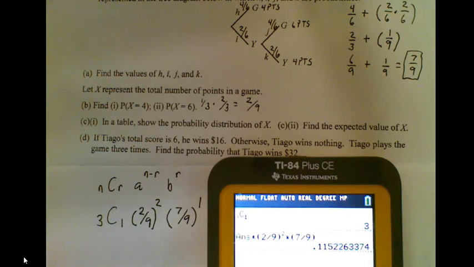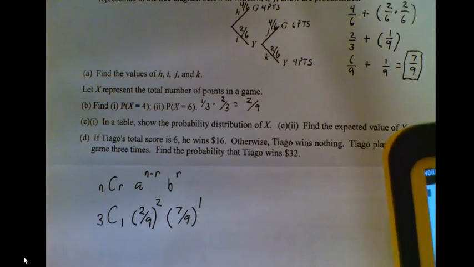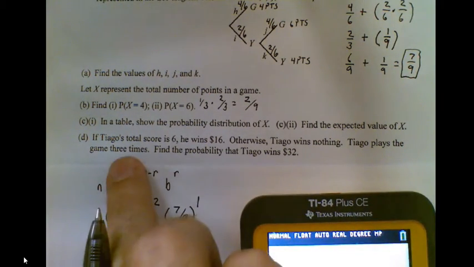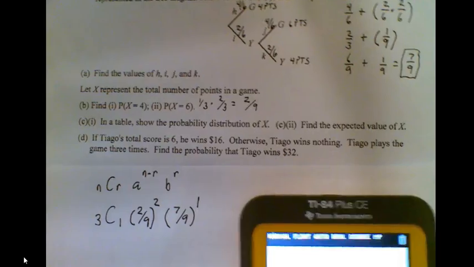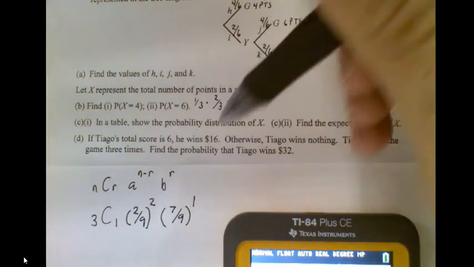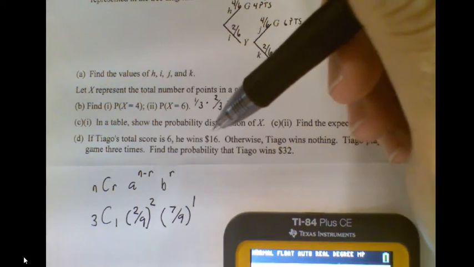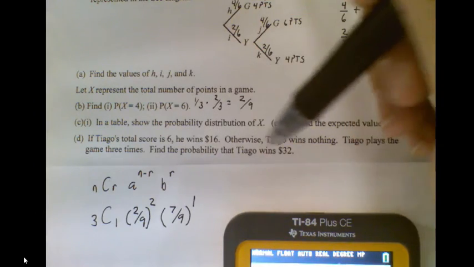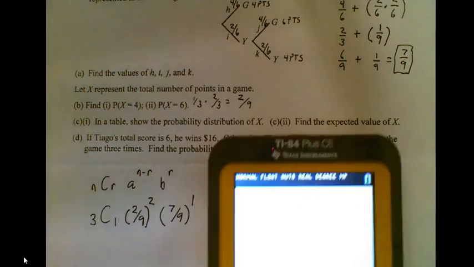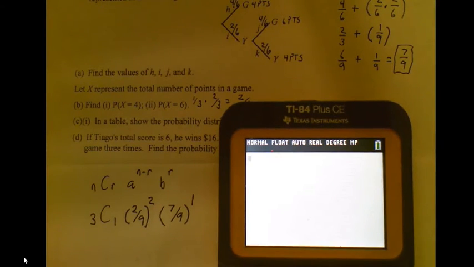So that's one option. The other way you could have done that is because it comes with a specific number of trials. He's doing this 3 times. And this is a case where it doesn't say at least or at most. It is a specific number of cases where he must win exactly twice. We can use the binomial PDF feature.